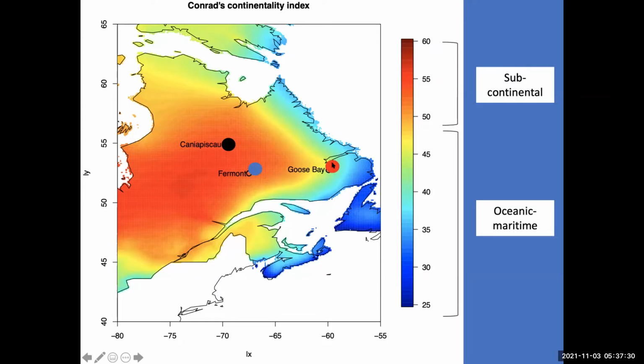All of these sites are dominated by black spruce, so it's always the same species. The altitude is equivalent. However, in these three sites, the source of the heat and the types of incoming air mass bringing that heat are relatively different, with two sites being very continental and one site with a much more maritime climate.